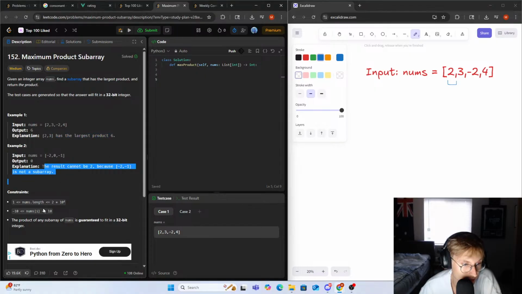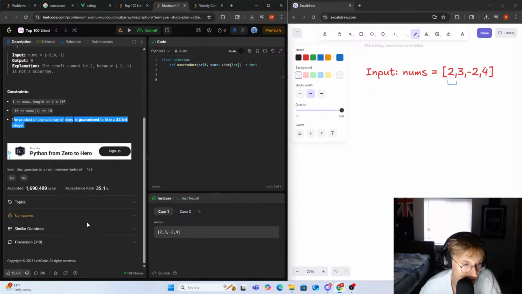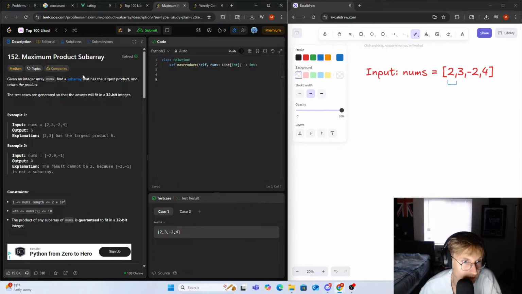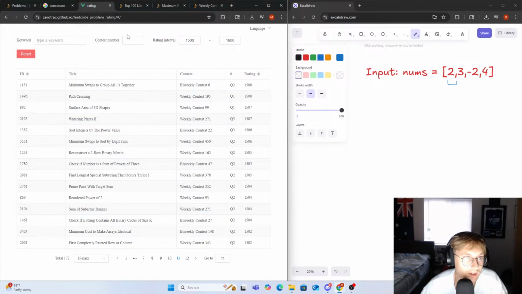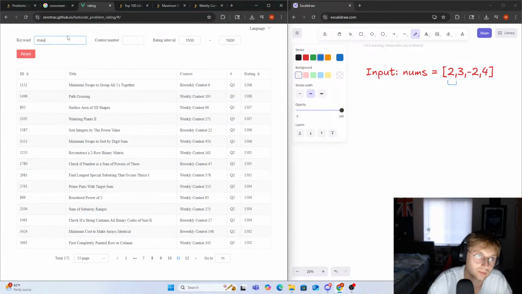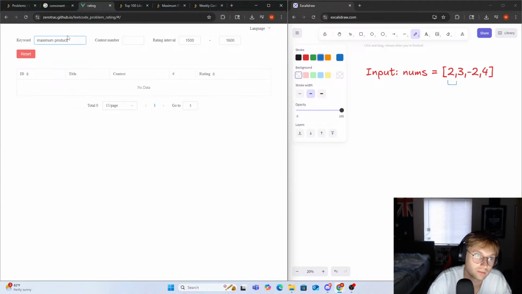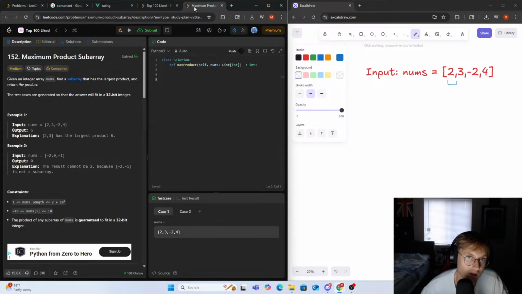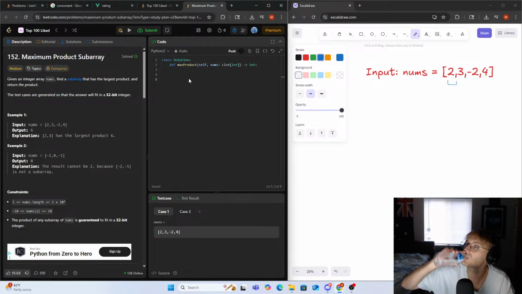We're looking for the largest product. The product of a subarray is guaranteed to be a 32-bit integer. Sometimes coming back to these problems is tough. Is this one rated? Maximum product subarray. This one's never been asked in a weekly competition, I guess, but sometimes I think these problems are definitely harder than the one I just looked at. But who knows, I have no idea.